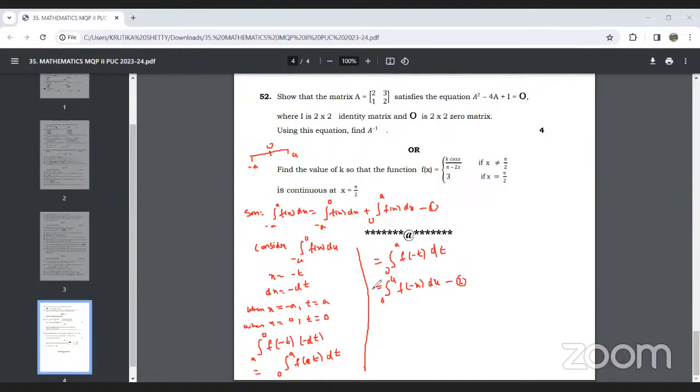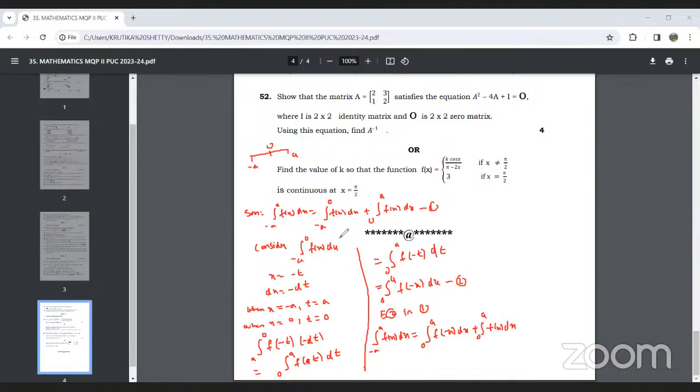Okay, now we are substituting equation 2 in 1. So substituting, we get the integral from minus a to a of f of x dx equal to the integral from 0 to a of f of minus x dx plus again the integral from 0 to a of f of x dx.